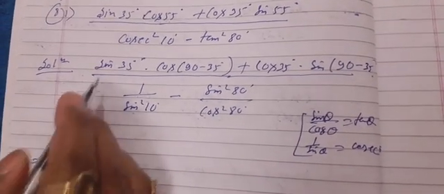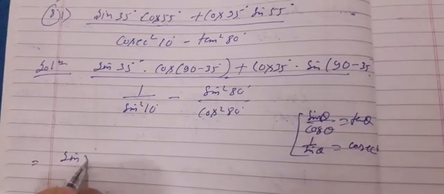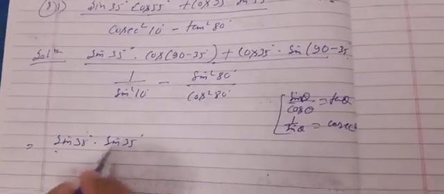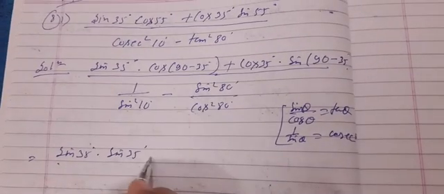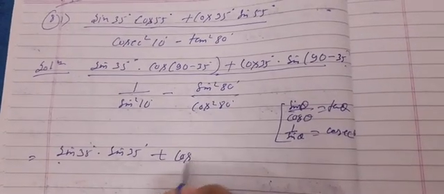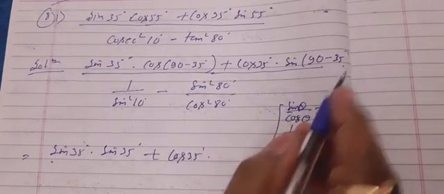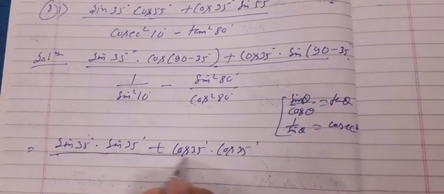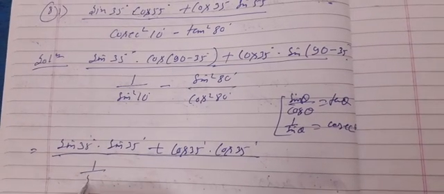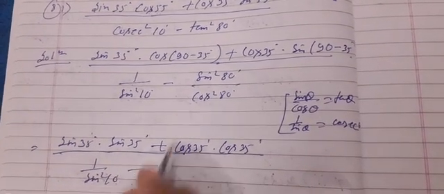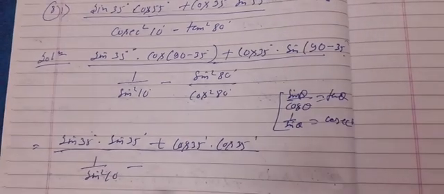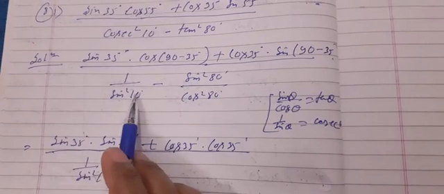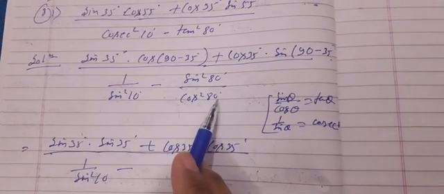After this, sine 35 degree into sine 35 degree, because cos 90 minus theta is sine theta, and there was cos 35 degree, and sine 90 minus theta is also cos 35 degree, whole divided by 1 by sine square 10 degree minus, what I want to do here, here is sine square 80 degree and here is cos square 80 degree.